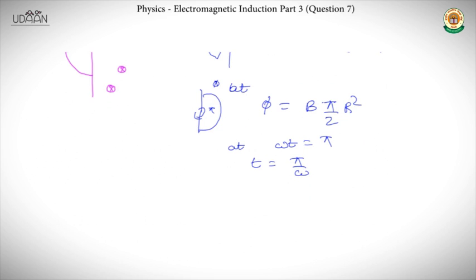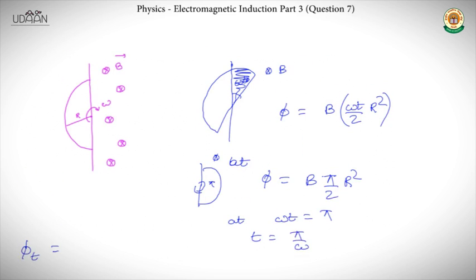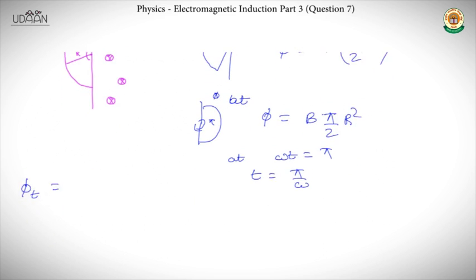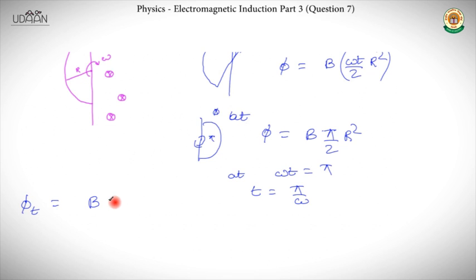I am going to write a basic equation here. The phi of t would be b into omega t r square by 2 for time t less than pi by omega.